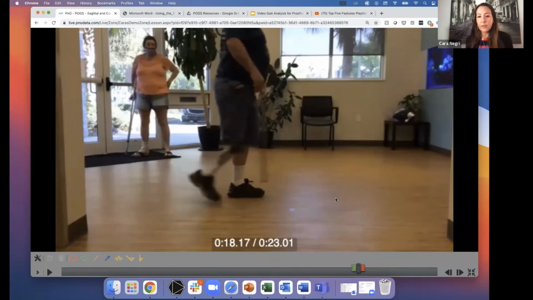We do have a little bit of blur going on because of that motion, but we can still definitely see that this is the knee and this is the foot. So we'll do the same thing that we did before, where we go from that thigh segment through the knee to the floor, and then we'll measure that angle. And he's got about 51 degrees.